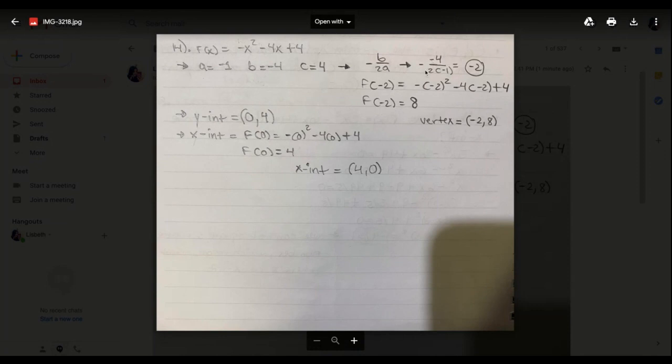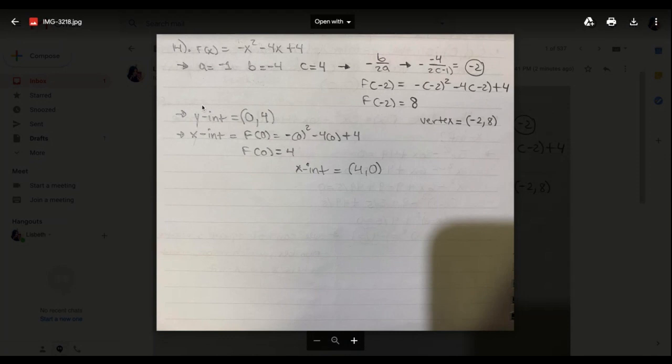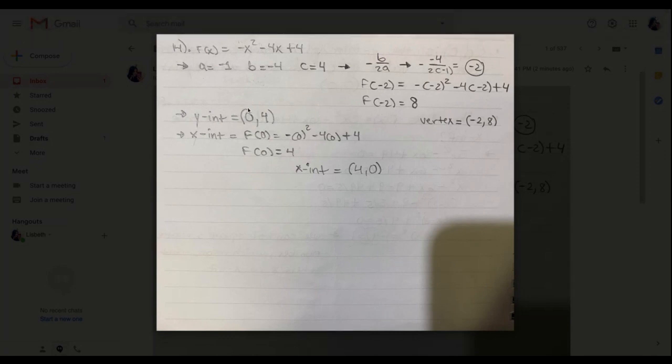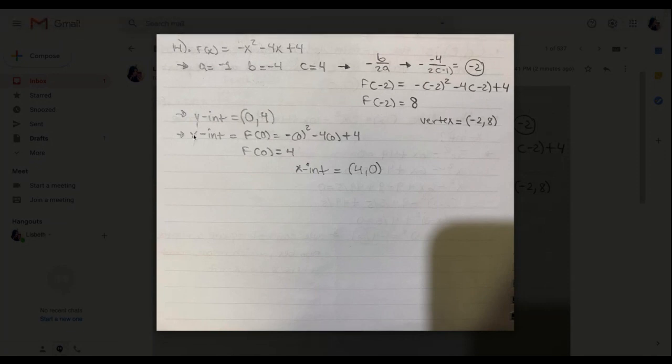So negative 4 divided by 2 times negative 1 gave me negative 2. Then I substituted the negative 2 into the original equation, which resulted in a, and the vertex is negative 2, comma a. The y-intercept is 0, comma c. In this case, c is 4, so it's 0, comma 4.